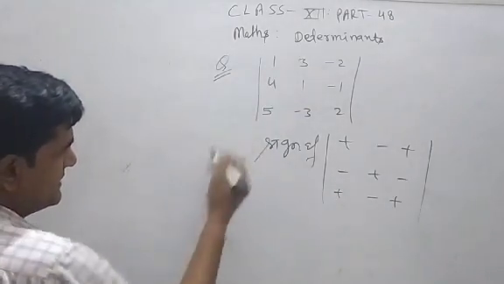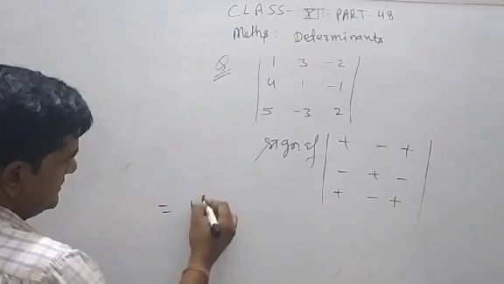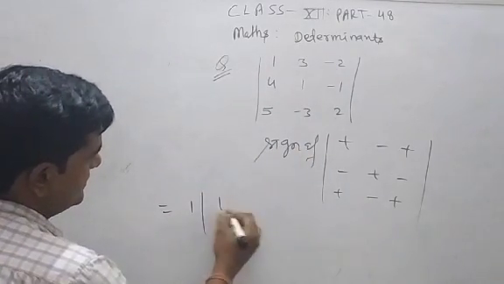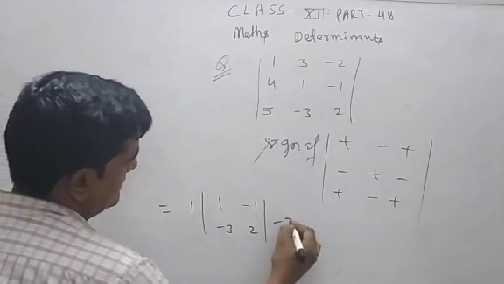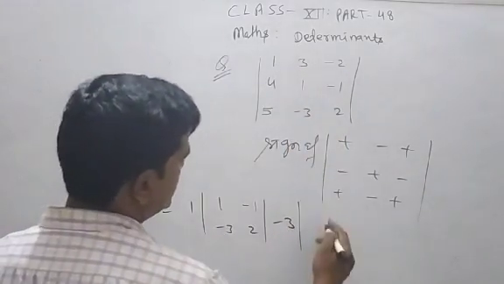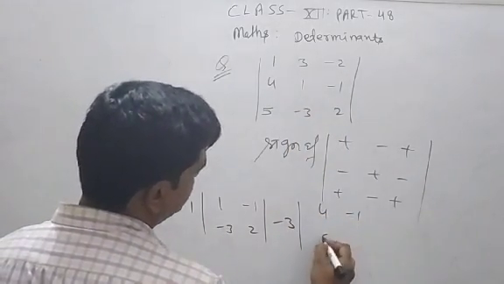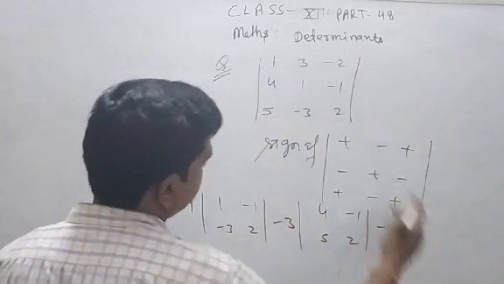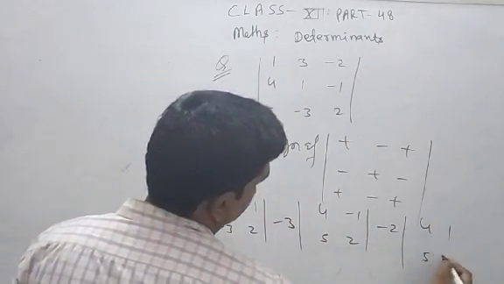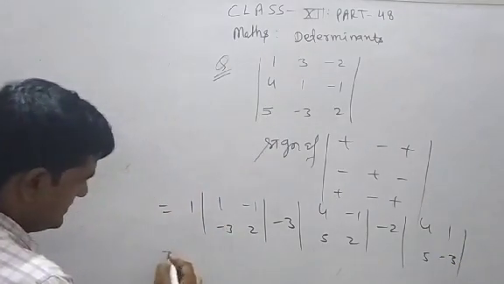First we have to take 1, cancel its row and column: minus 1, minus 3, 2; minus 3, cancel 4, minus 1, 5, 2; minus 2, 4, 1, 5, minus 3.